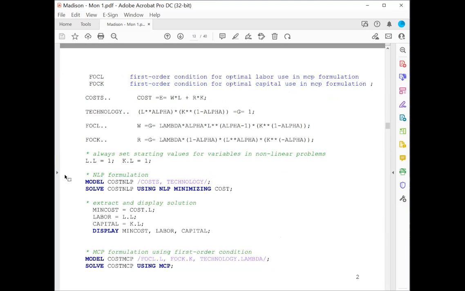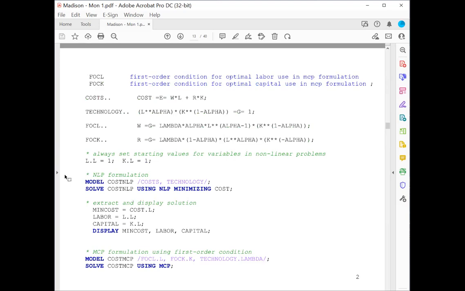You have two equations and two unknowns, and analytically they would solve that by hand. Well, you could solve for W and R independently. There's no simultaneity there again. Cost would just be a definitional equation in that case.